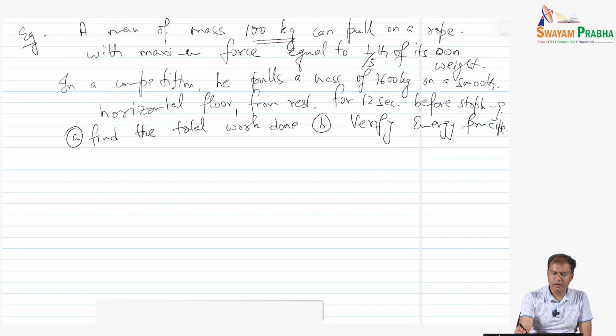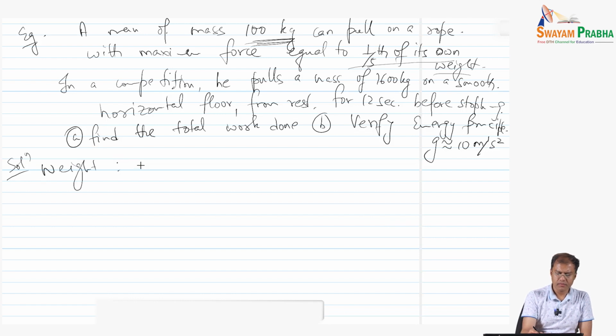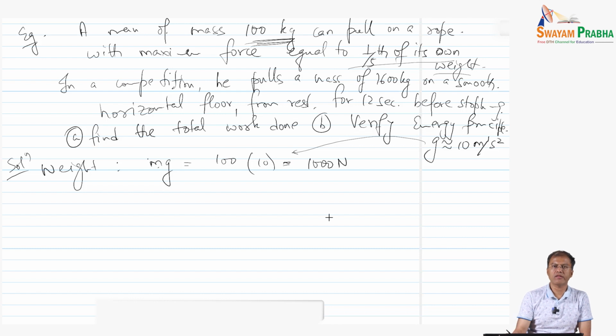The mass of the man is 100 kg, and he can pull on a rope with a maximum force equal to 1/5 of his own weight. We can take g, the acceleration due to gravity, to be roughly 10 meters per second squared. So the weight, which I will not call W because I will use that for the work done, is m times g, which is 100 times 10, roughly 1000 newtons in the SI system.